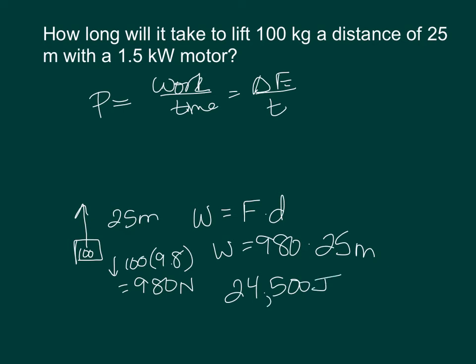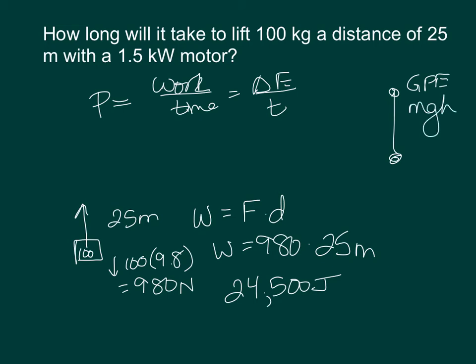Okay, so that's if we were going to do it with work, but we could also do it with energy. Because what kind of energy, if it's going from here to here, what kind of energy is it getting? Yeah, it's getting gravitational potential energy. What's the equation for gravitational potential energy? mgh.